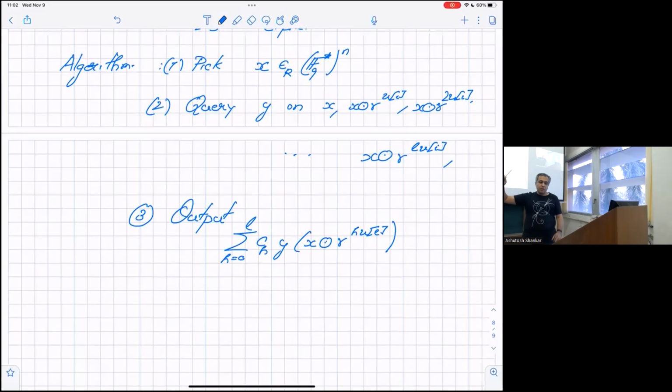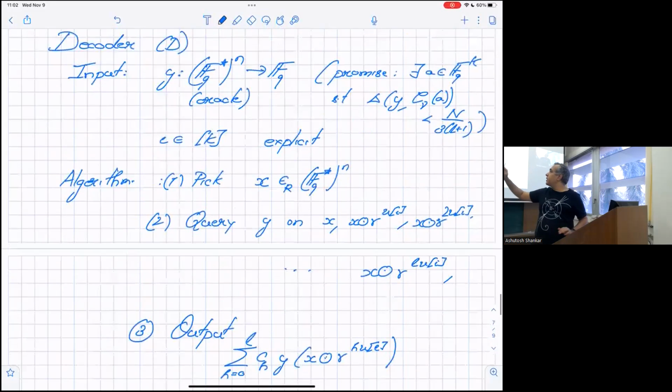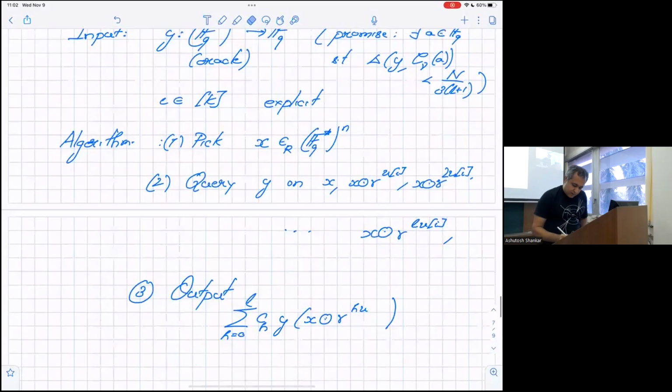Now with good enough probability, these random L plus 1 points are all correct, so you would actually get the right value polynomial of these. But the right value polynomial is a linear combination of the monomials. Now, if you do the check, the only monomial that will survive is the monomial corresponding to i. So basically, I have to do this.